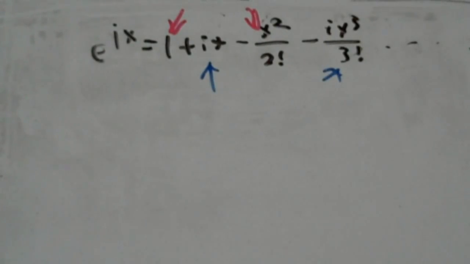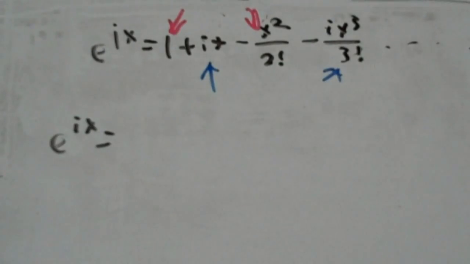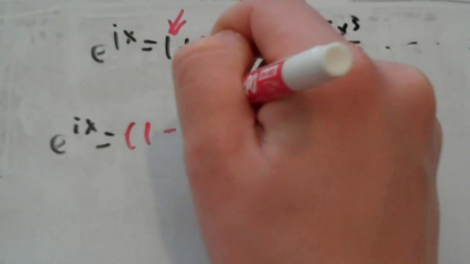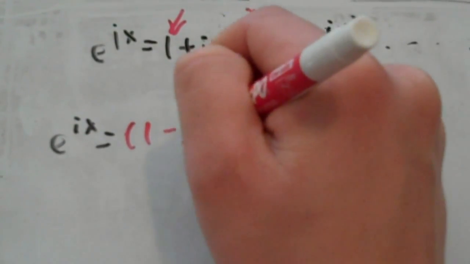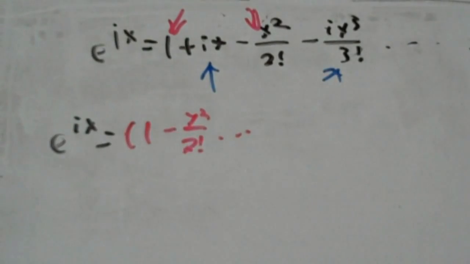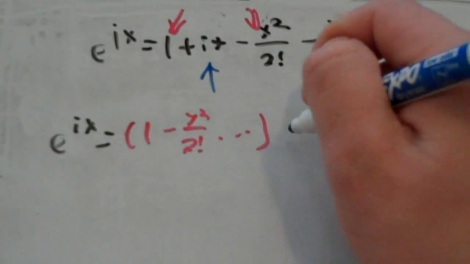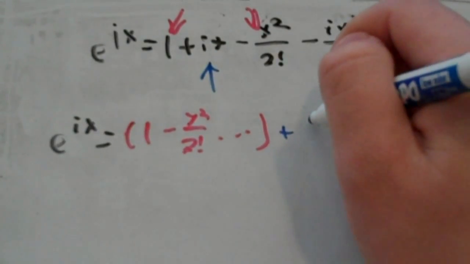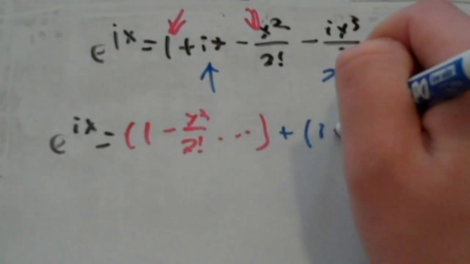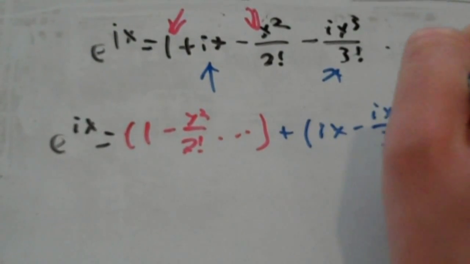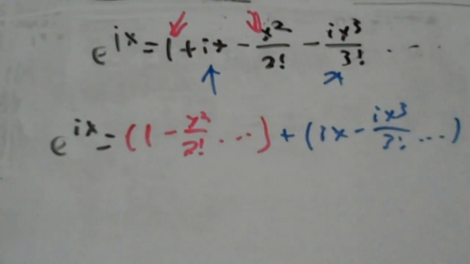So I'm going to switch up the order. So we still have e to the ix, and then this equals, but then I'm going to clump the real numbers together. So we're going to have 1 minus x squared over 2 factorial, and that continuing on, same pattern. And then we're going to add that to the imaginary numbers of ix minus ix cubed over 3 factorial, that continuing on.